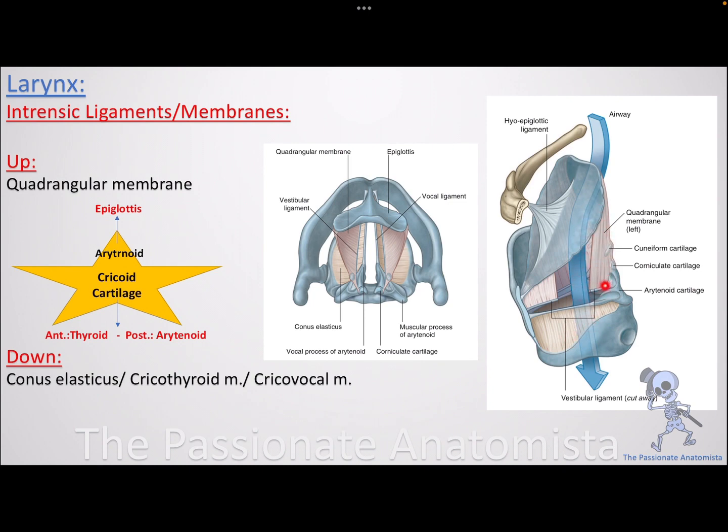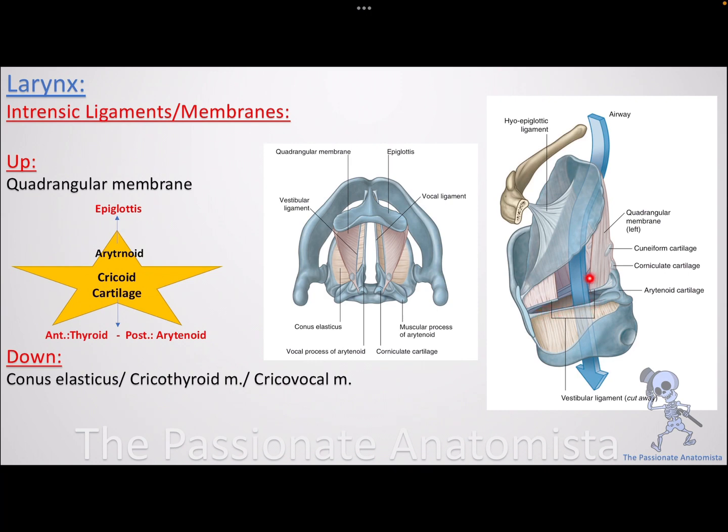Because the lowermost part of the upper ligament is going to condense, giving me a very important fold called the vestibular fold. And the topmost upper free border of the lower membrane is going to condense and give me a very important fold, and that is the vocal folds.